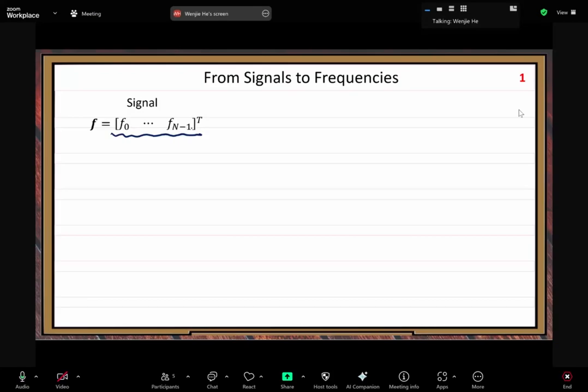So here we use a vector to represent the sequence of numbers given. That is our real world data, represented as a vector.